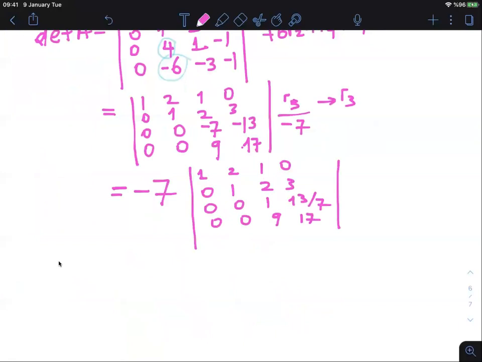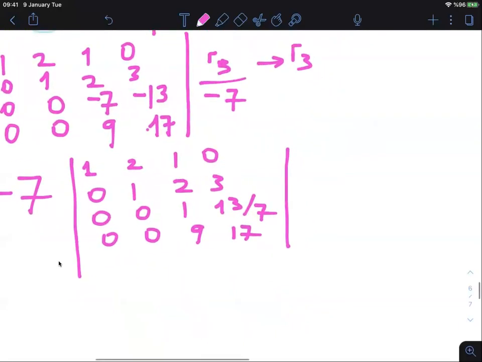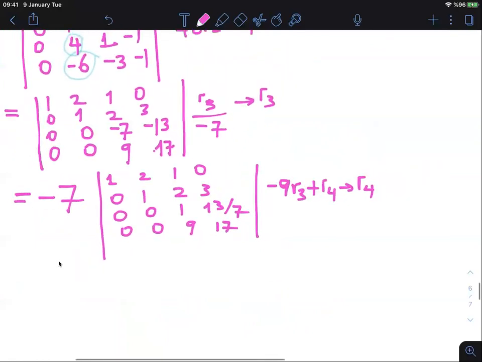Okay, and the final operation is minus 9 times row 3 plus row 4 to row 4. What happens here? So this doesn't change the determinant, so our final answer will be this one.